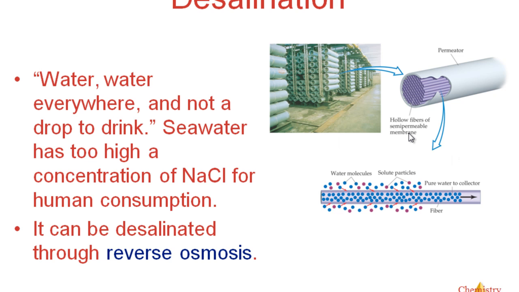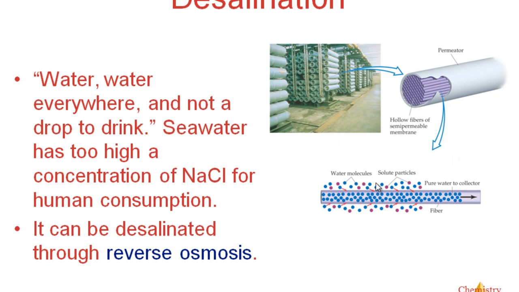And in one of these nanotubes, this is what will happen. Inside you have the pure water, outside you have the seawater with the water molecules and all the other solute particles, mainly NaCl and other sulfides, bromides and carbonates. Now what happens is it's the reverse. If it was natural osmosis, water from here would go here, right?